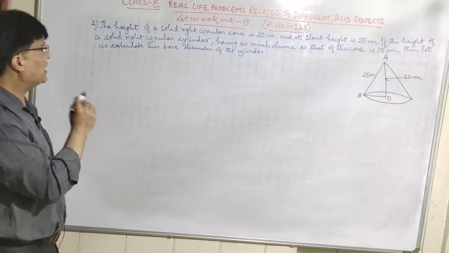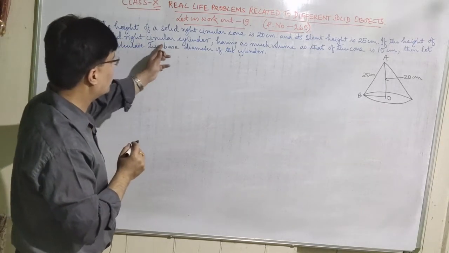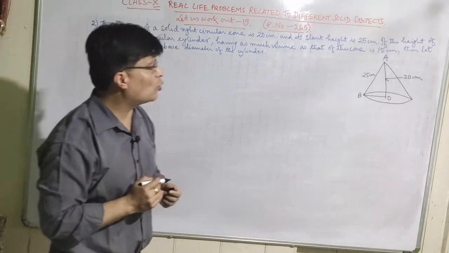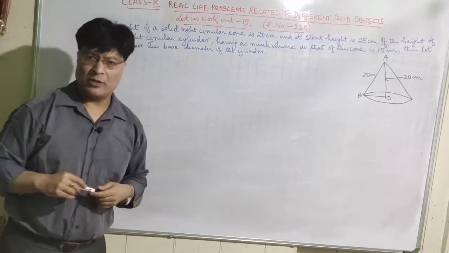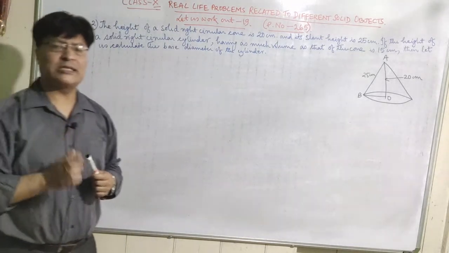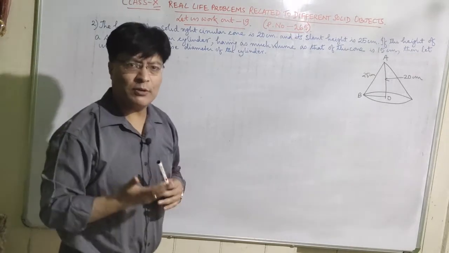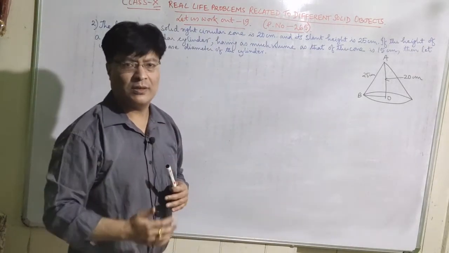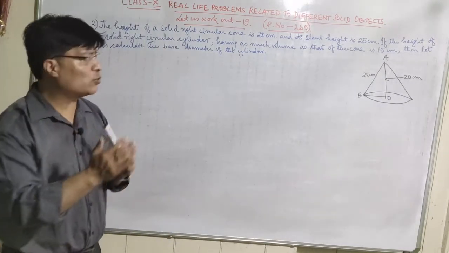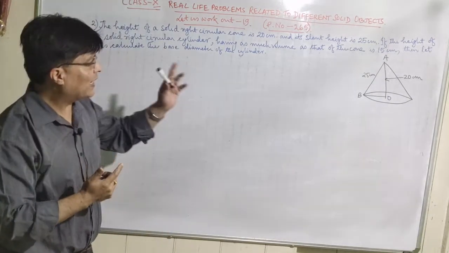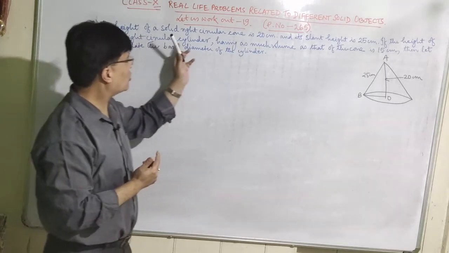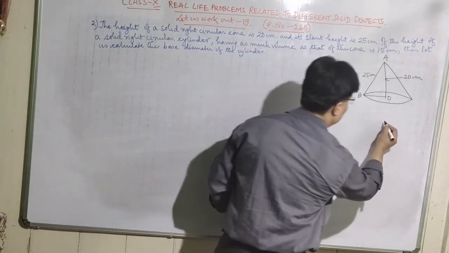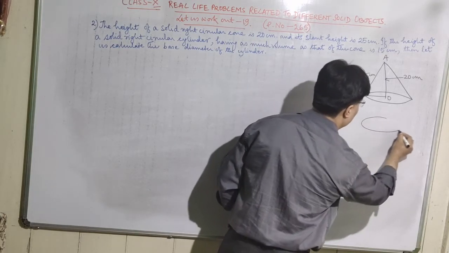Now, the height of a solid right circular cylinder having as much volume as that of the cone is 15 centimeter. So in the question it is given that the volume of the cone is equal to the volume of the cylinder, and the height of the circular cylinder is 15 centimeter. And this is the cylinder, right?